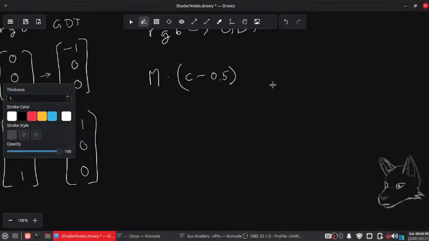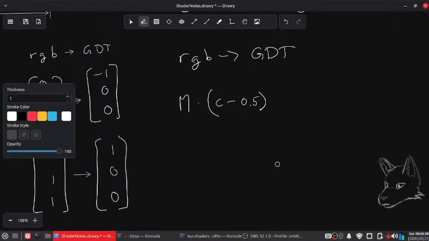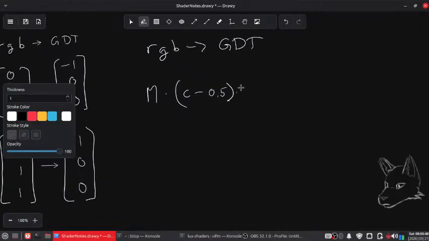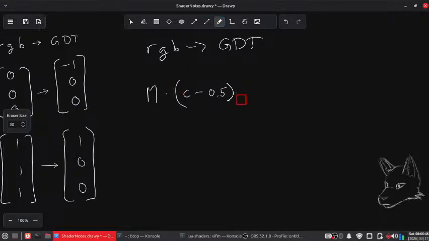We can do that. So like times 2, right? That's the remap, but we don't necessarily need to do that. We could just do C minus a half. That makes things a lot nicer, because it's a translation, right? There's a translatory aspect to this whole thing.